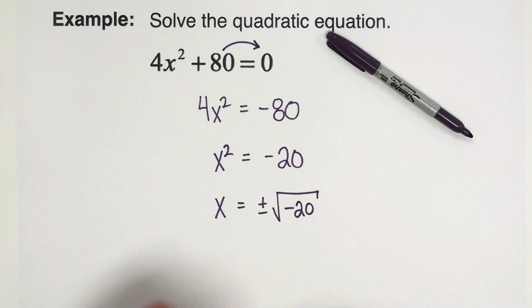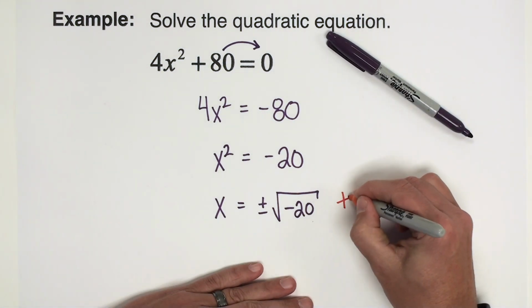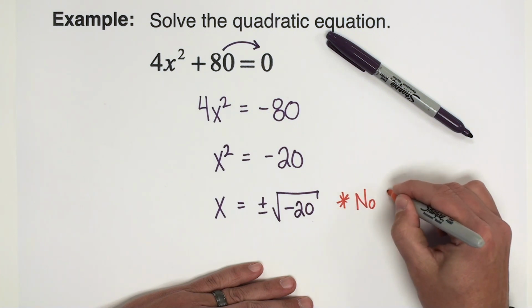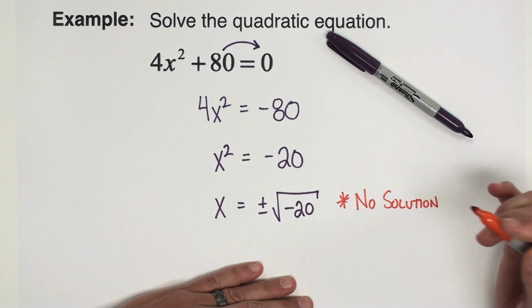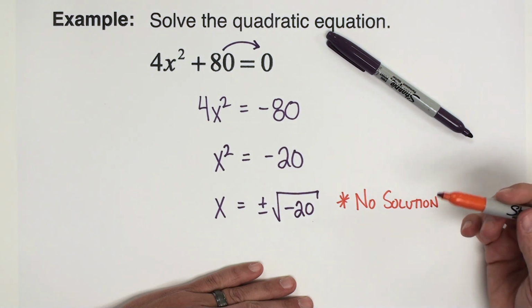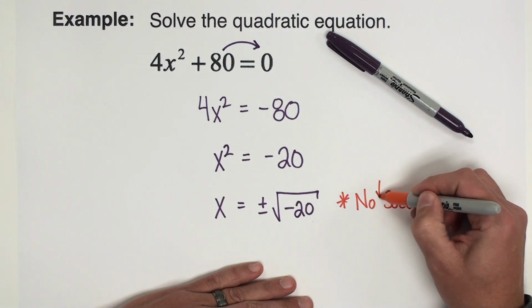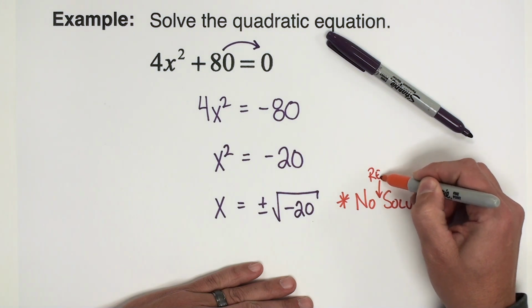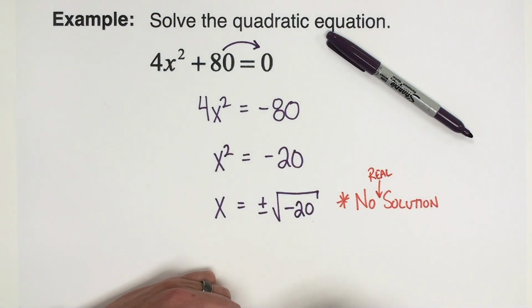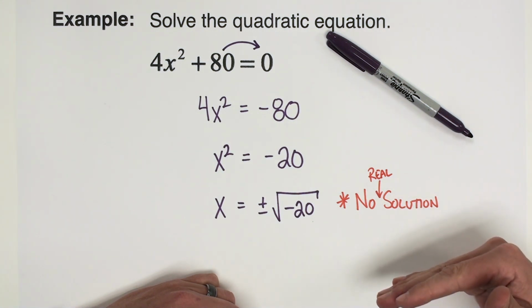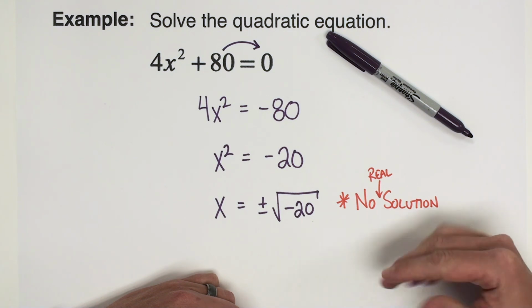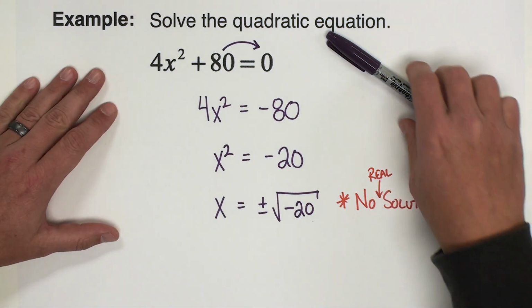Now again, previously this is when you would have said no solution. However, if we're being real picky, we should be saying no real solution, because in fact there is an imaginary solution. And so we're going to continue this on down to the imaginary solution, and we're going to finish this problem.